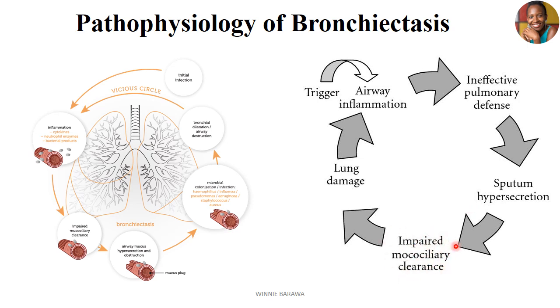With extreme prolongation of this impaired clearance, we end up with lung damage. And with the lung damage, it keeps on cycling these triggers. And so you may end up with total damage of these airways and the pulmonary function ends up impaired or failed. In this case, you can talk about lung failure or respiratory failure.